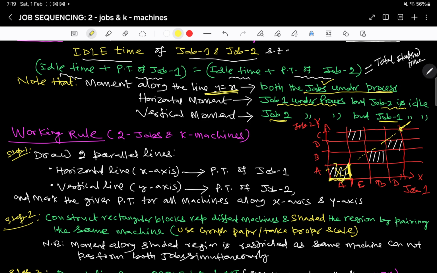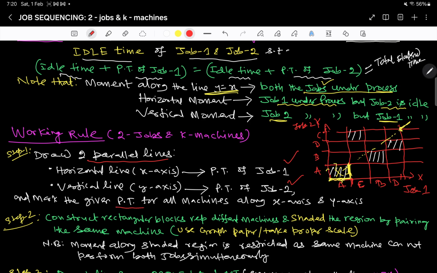So the working rule is like this. We draw two perpendicular lines as I have mentioned. The x-axis indicates the processing time of job 1, and the y-axis indicates the processing time of job 2.